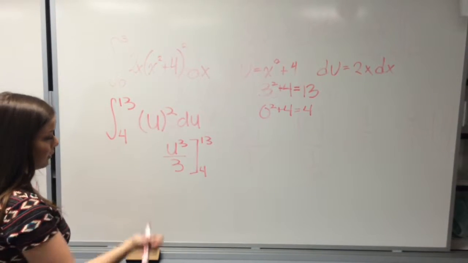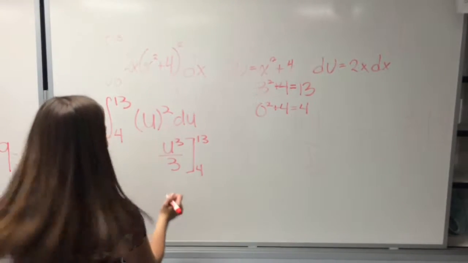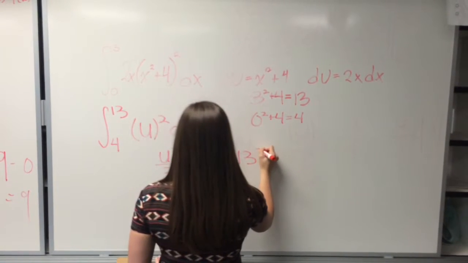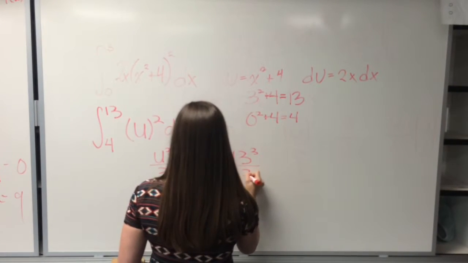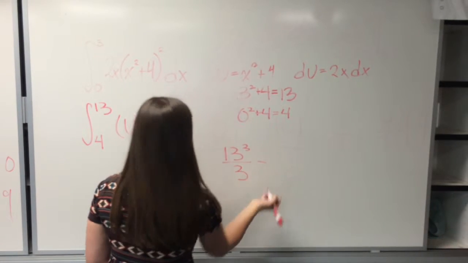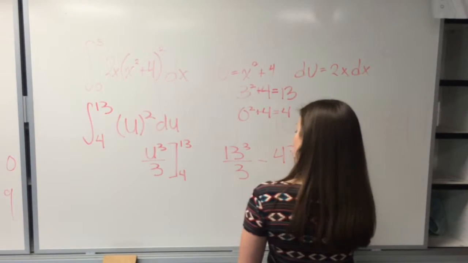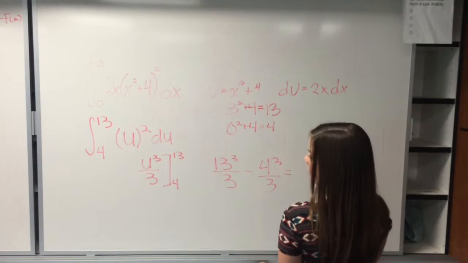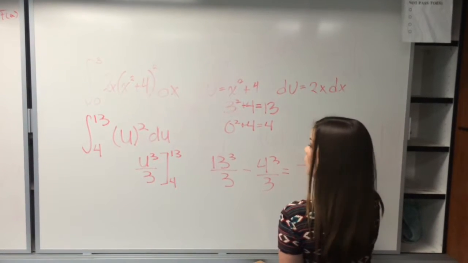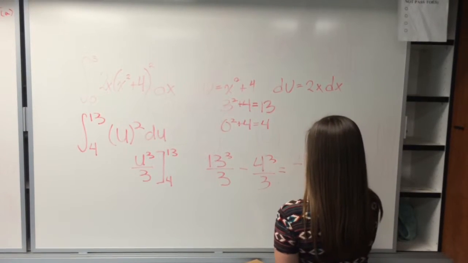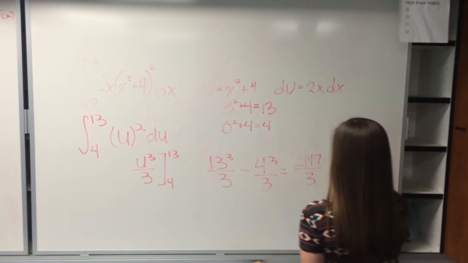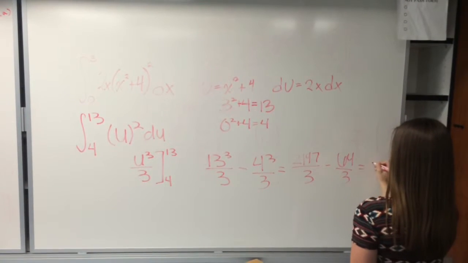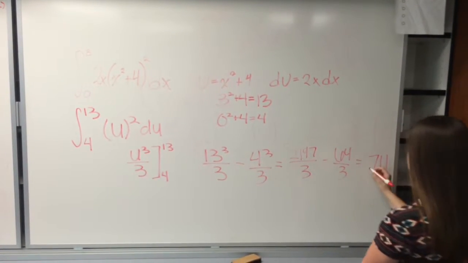Next you want to use the rule that we talked about earlier, where the top goes first, so you would have 13 to the power of 3 over 3 minus 4 to the power of 3 over 3. That would give you 2,197 over 3 minus 64 over 3, which comes out to be 711.